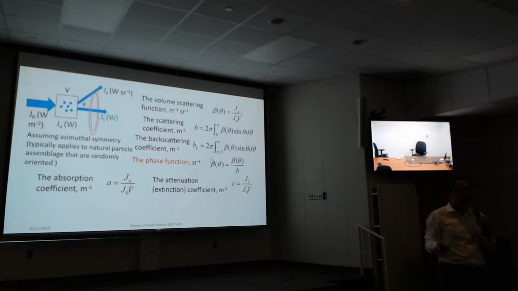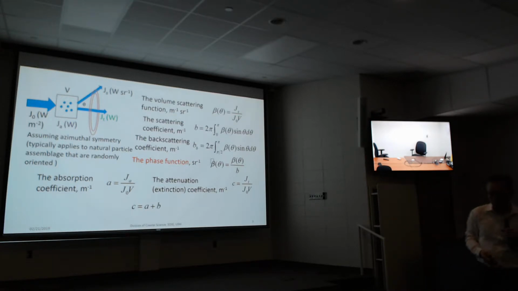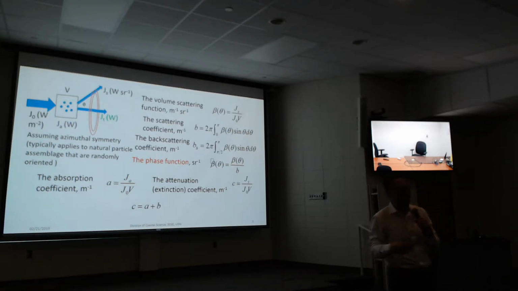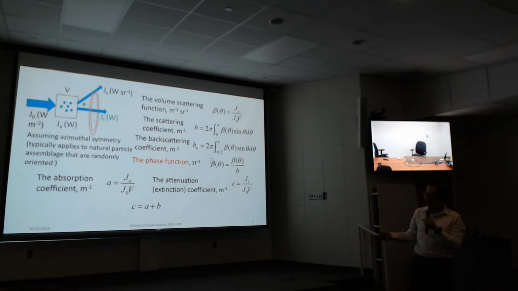This is how much light is being absorbed. By energy conservation, c, the total attenuated light, is either absorbed or scattered. So c equals a plus b. I don't know if any of you have ever made such a measurement, if you have heard of the AC meter. It measures either a, absorption, or c, attenuation.